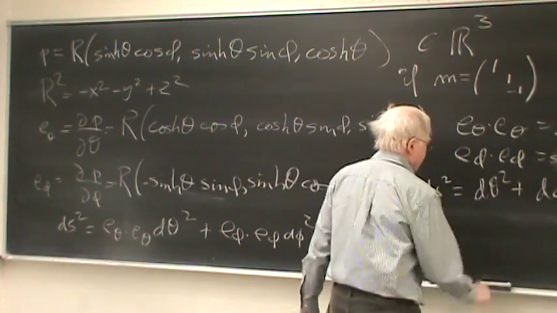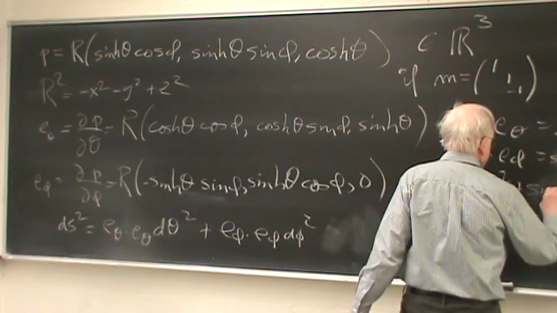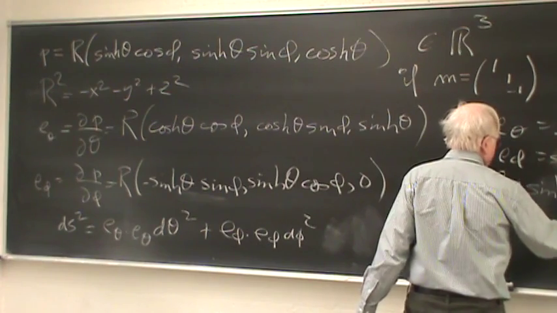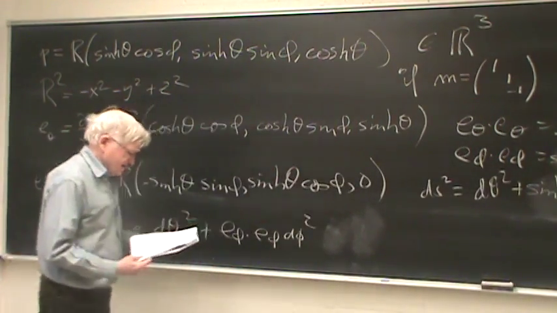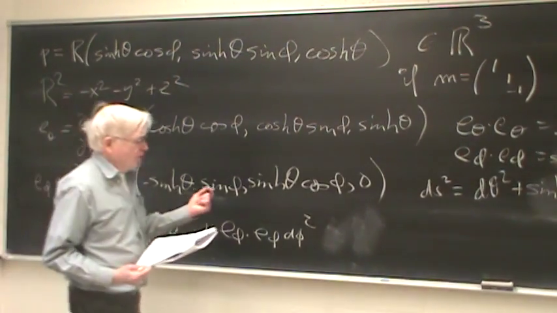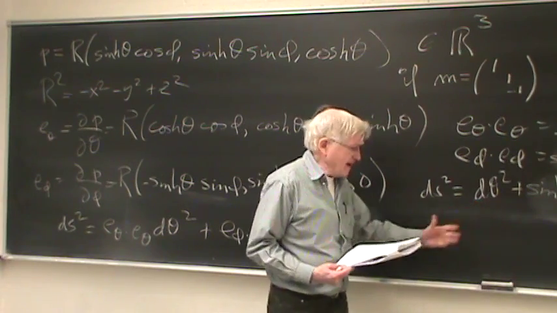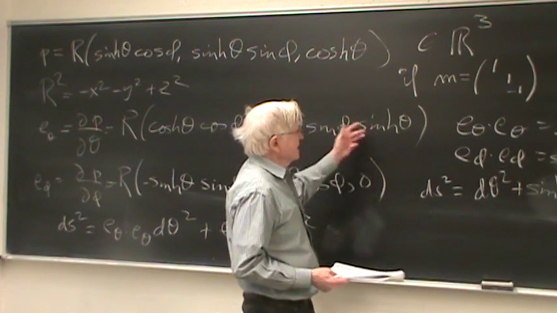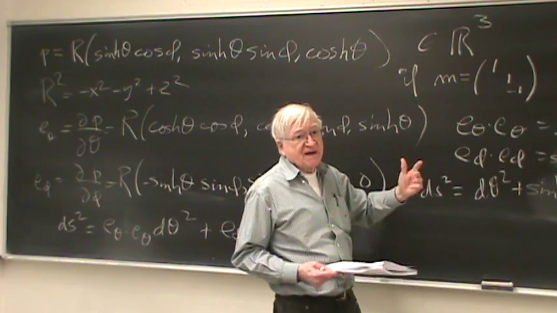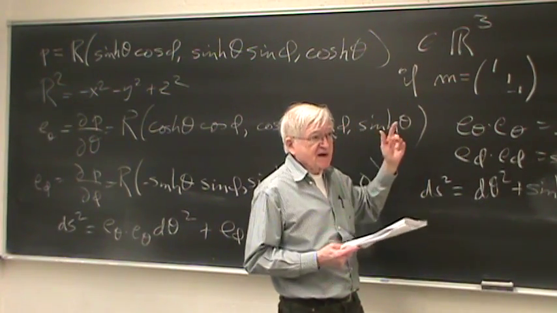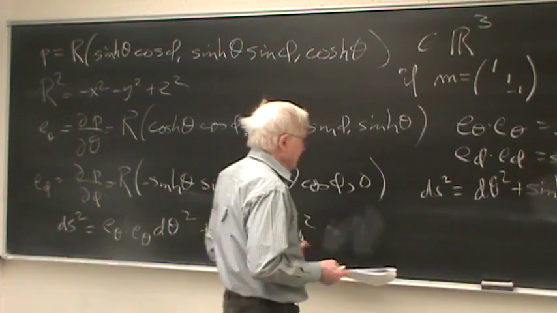So it's sinh squared of theta, and so this is sinh squared of theta d phi squared. So that's what the distance between two nearby points is. This is a two-dimensional space, curved space, in R3, but R3 isn't Euclidean 3 space. It's a 3 space with 2 space and 1 time coordinates, effectively.